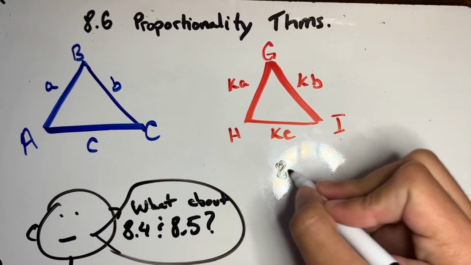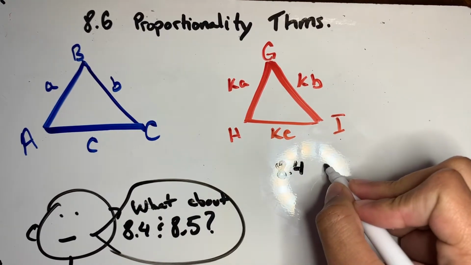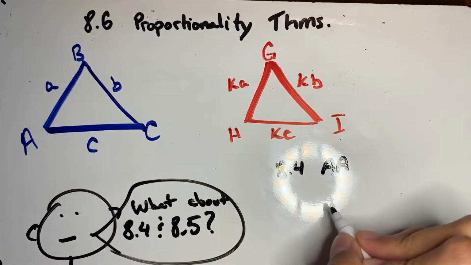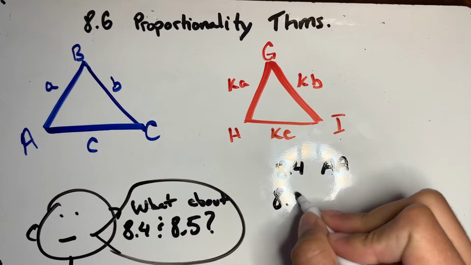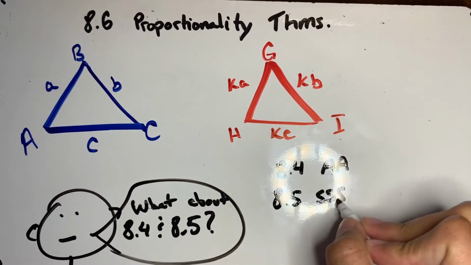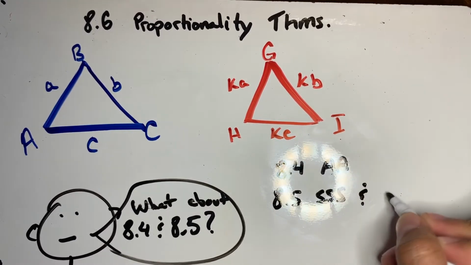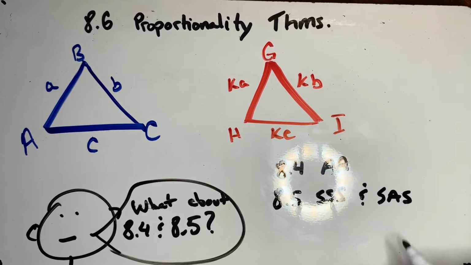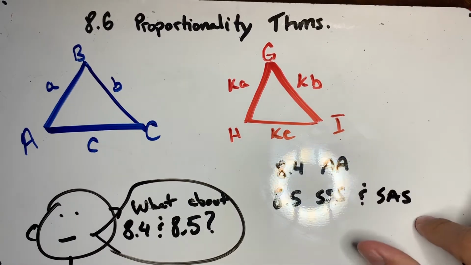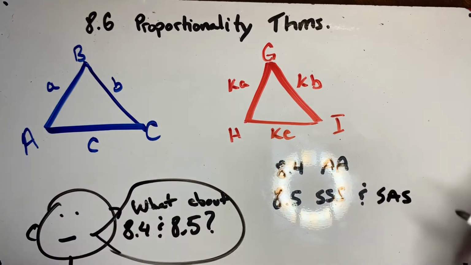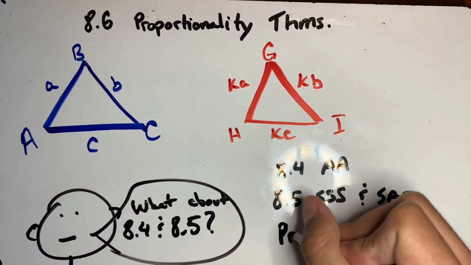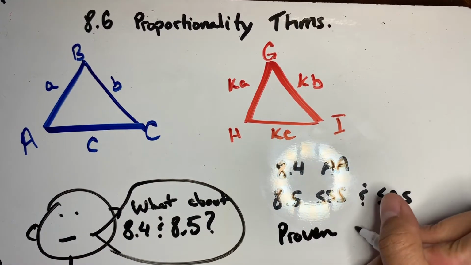8.4 would have been the angle-angle theorem, and 8.5 is side-angle-side. So they're proofs, okay? And they would have proven similarity.